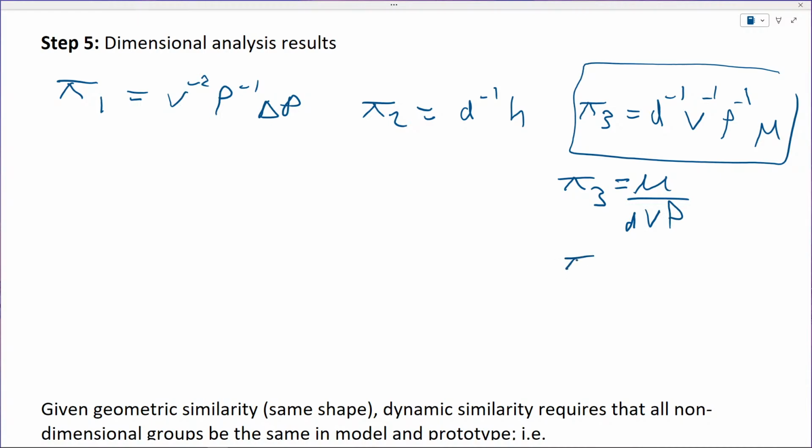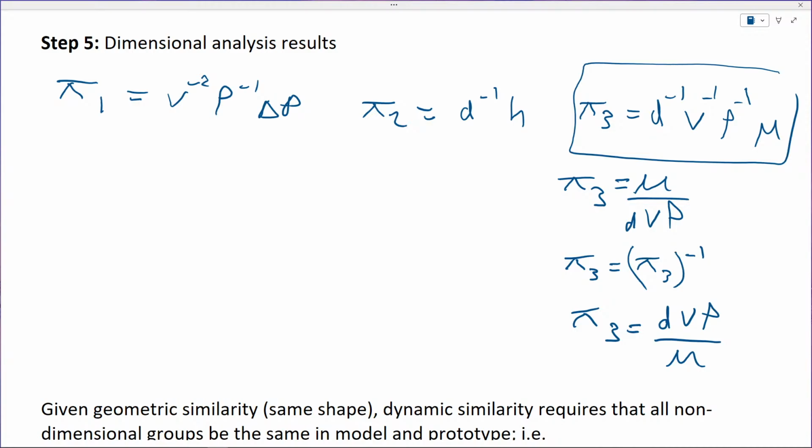So I will just say it is equal to pi 3. You can give it a prime, it really doesn't matter, but I would like to invert this, because it's really dimensionless, D V rho over mu. And this is basically our Reynolds number.